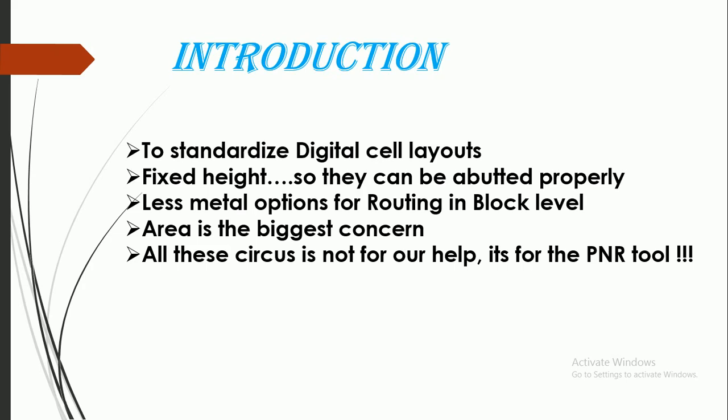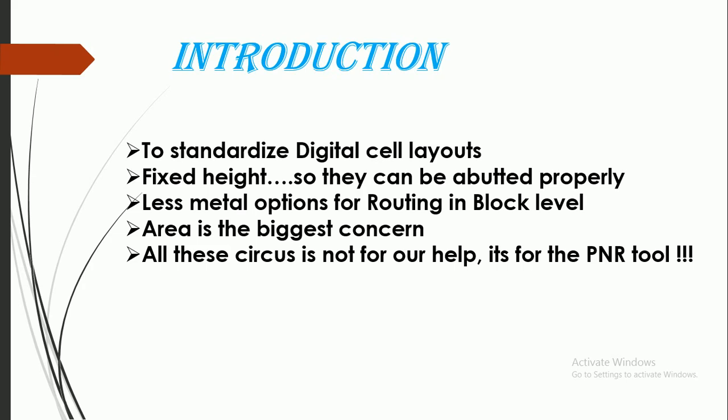Then, whatever we do, like DRC checks and routing grids we maintain, all of it will be useful for the place and route tool, like Innovus maybe. Those tools need some information, and the information required for the tool's understanding will be given by us. That's the main thing. This is just the introduction to the standard cell.